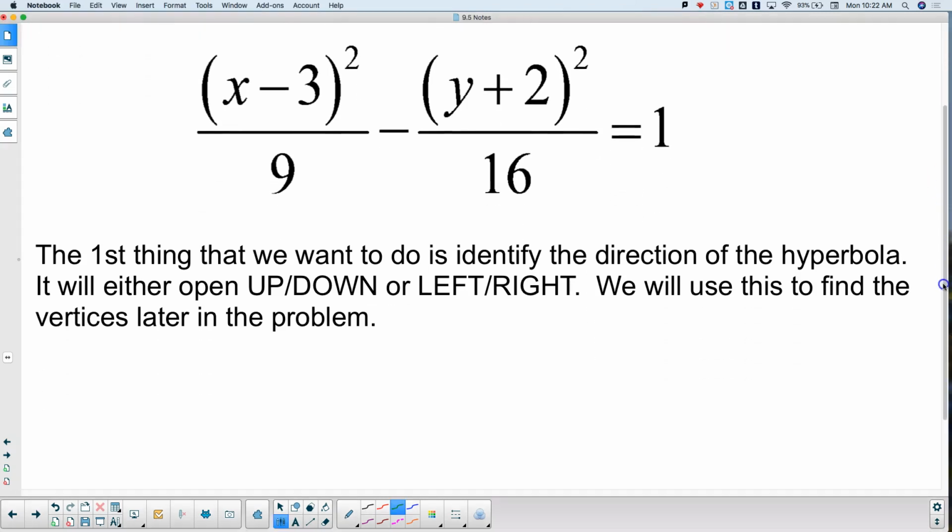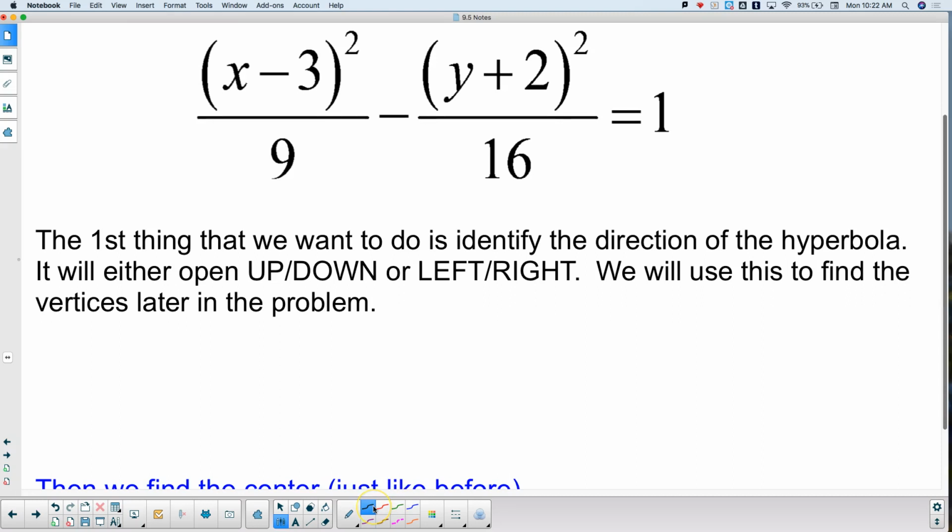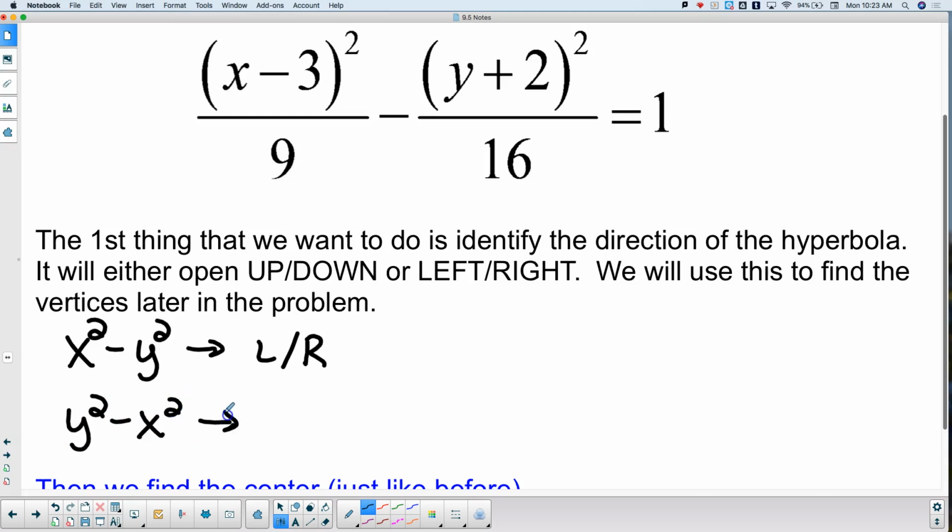So in this particular case, if it's an x squared minus y squared, then that is going to be a left-right opening hyperbola, because the formula that we had from the very first slide, x minus h quantity squared over a squared minus y minus k quantity squared over b squared equals 1, was a left and right opening one. If it's y squared minus x squared, then that is an up-down opening hyperbola.